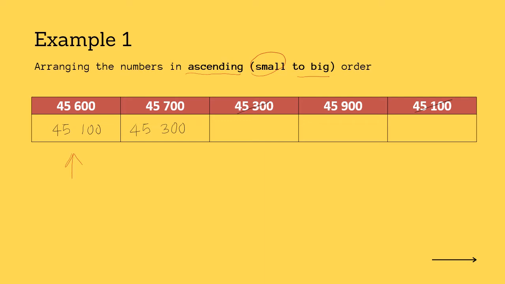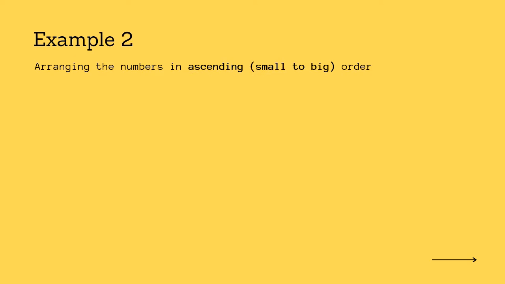The third smaller number is 45,600, followed by 45,700, and the biggest number is 45,900. So we have arranged these numbers according to small to big. And we're done.